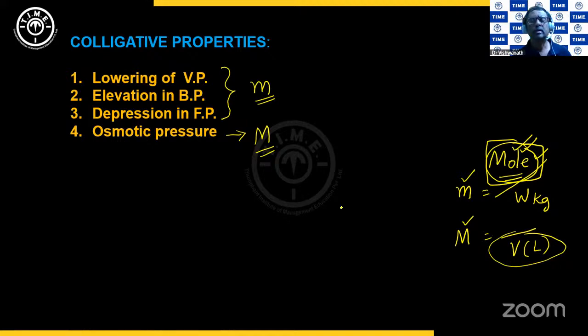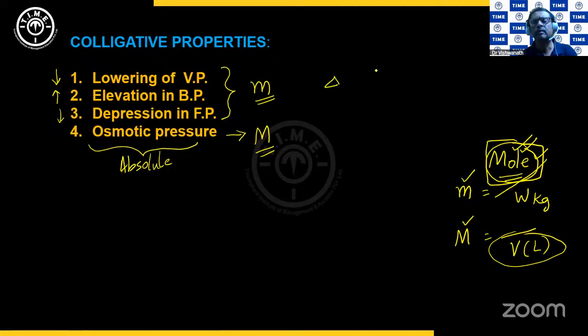Lowering of vapor pressure, elevation in the boiling point. There is a decrease in the vapor pressure, an increase in the boiling point, and a decrease in the freezing point. And there is osmotic pressure, no decrease, no increase, an absolute value. So for the first 3, we have delta. Delta means difference.